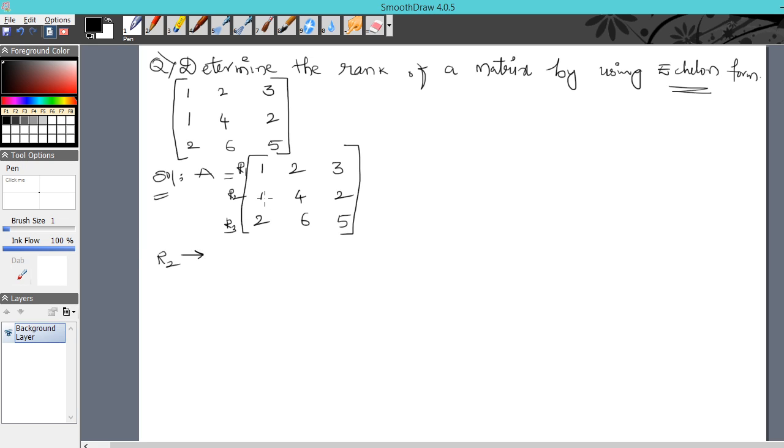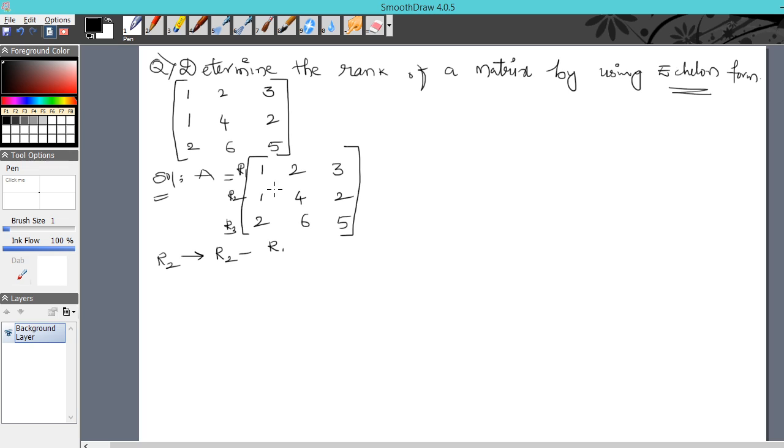Here 1 is there, and I want to make this 0, so I am using R1. R2 minus R1, because these two numbers are the same.